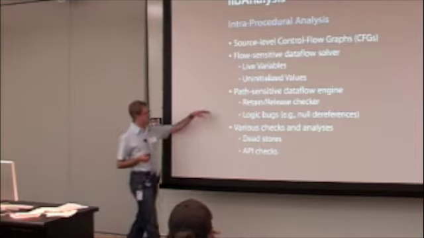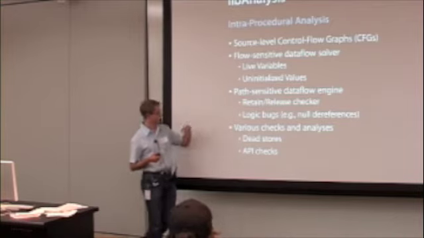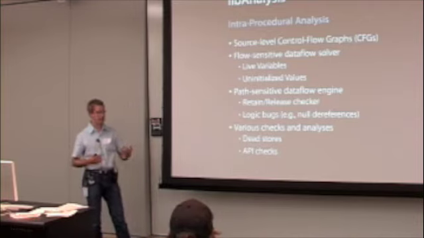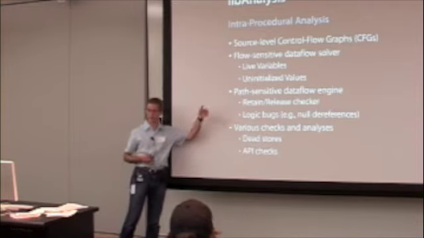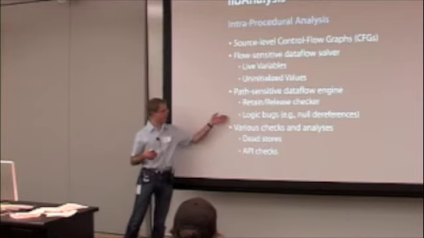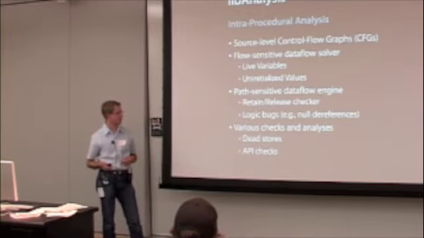We have a path-sensitive data flow engine, which we've implemented on top of it, this memory leak checker. But just as part of tracking values for paths, it can also find things like null dereferences, those stack errors, and so forth. And we think as we track more and more information, we'll be able to find buffer overruns. They'll just fall out from that basic value tracking.